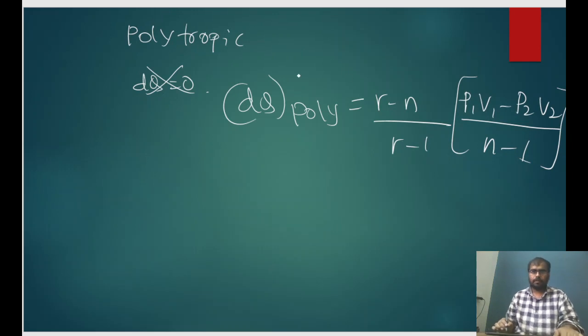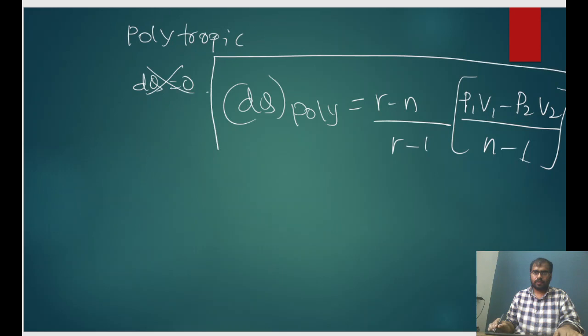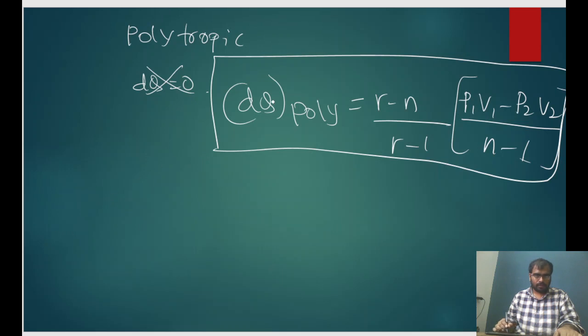Remember this formula. Many students neglect this formula, but don't neglect. Sometimes they ask the heat transfer in polytropic process. They assume the heat transfer for polytropic process is also 0, but this is not true.